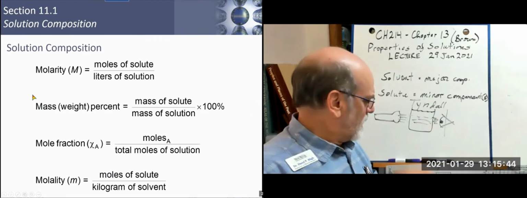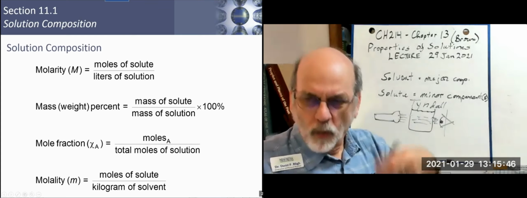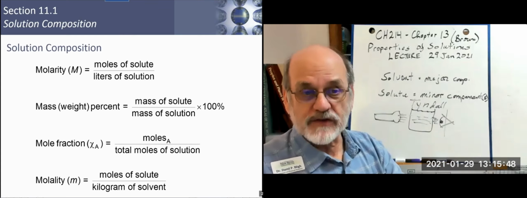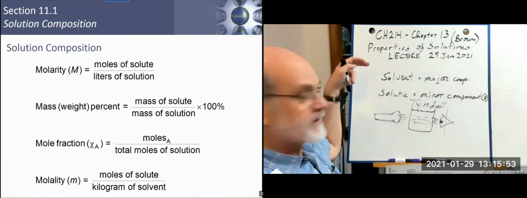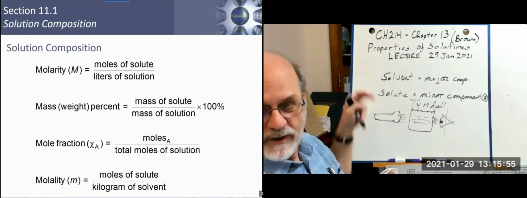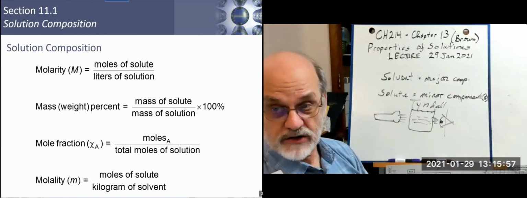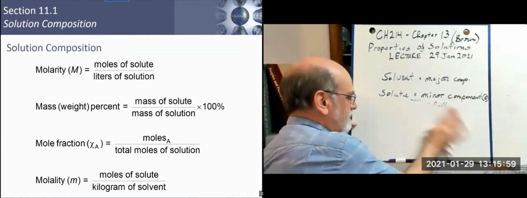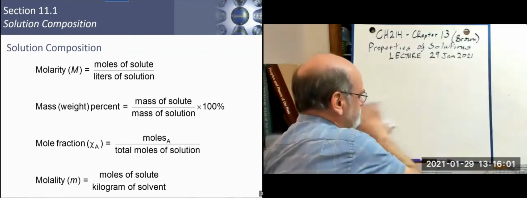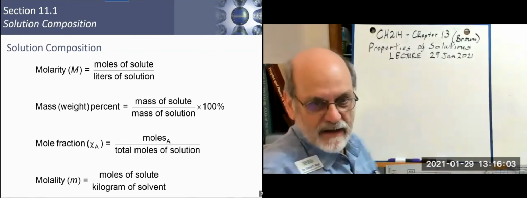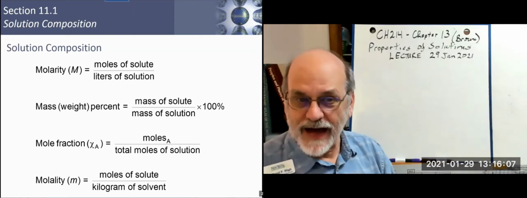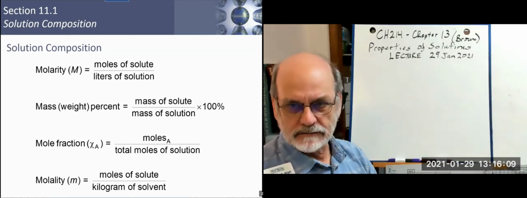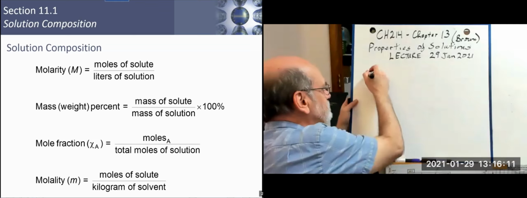Now, we need to have a way of expressing concentrations, right? If you're going to have so much of this in a certain amount of that, we need a way of expressing that concentration. And one that's very common, very popular in the sciences is called molarity.